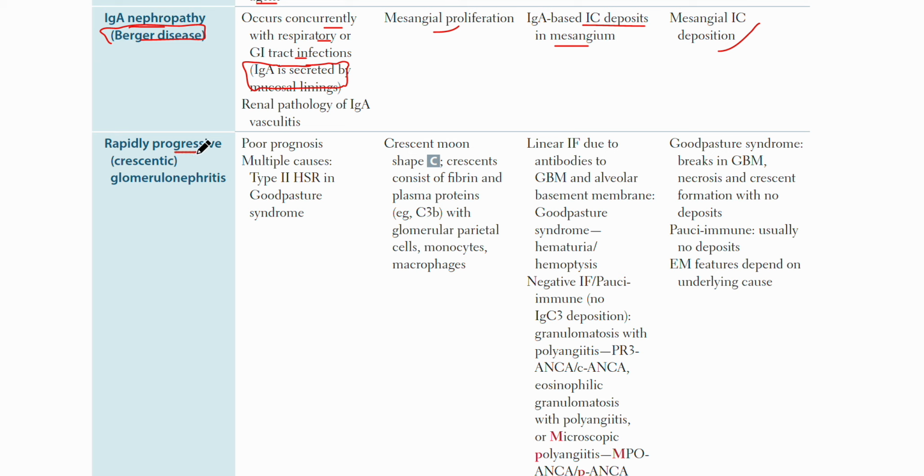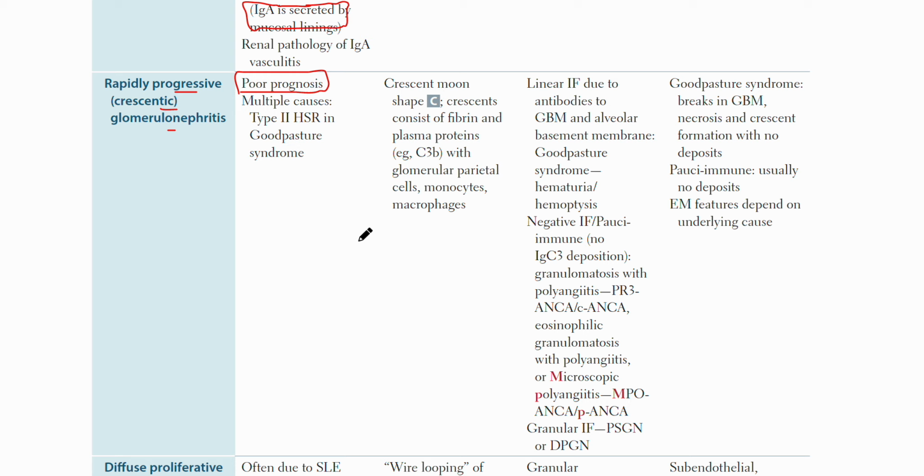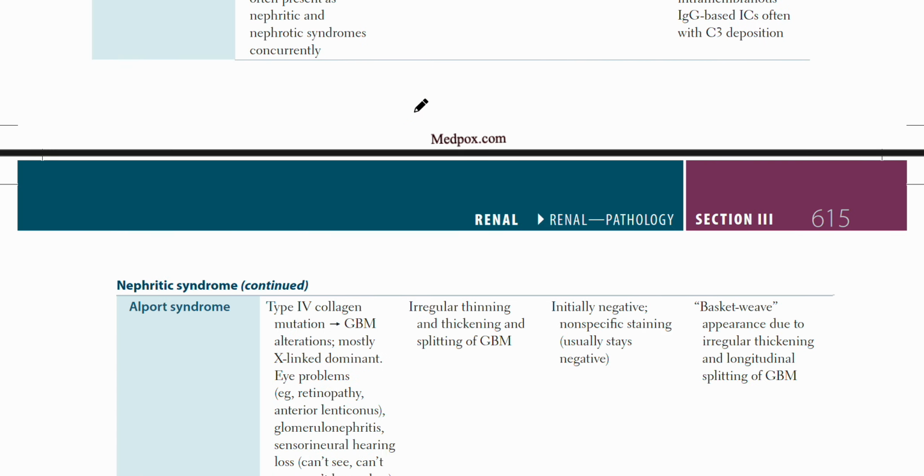Let's talk about rapidly progressive crescentic glomerulonephritis. It has a very poor prognosis, which means this is very rarely treated as normal cases, and there are multiple causes, that is, type 2 hypersensitivity reaction in Goodpasture syndrome. We talked about it, right? So Goodpasture syndrome is due to antibodies to GBM, and also here you can see there is a crescent moon shape in light microscopy.